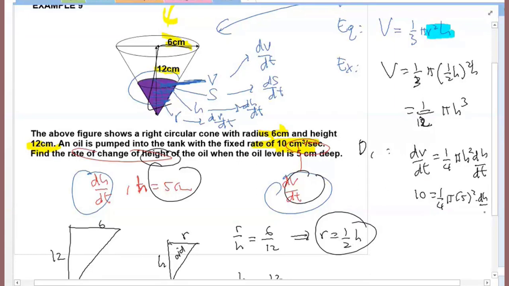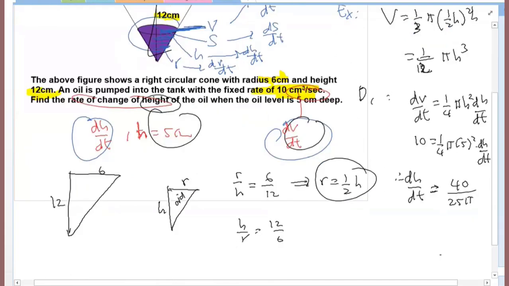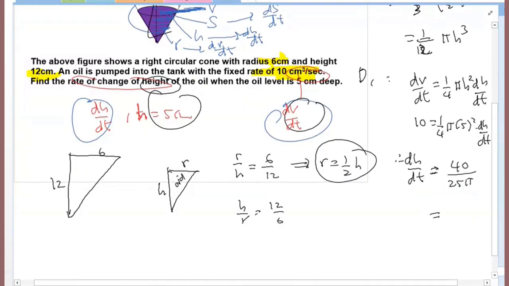To find dH/dt, it is 40 over 25 pi, which is 8 over 5 pi cm per second. So the idea is to use the chain rule to find dH/dt. Okay, settled, that's all.